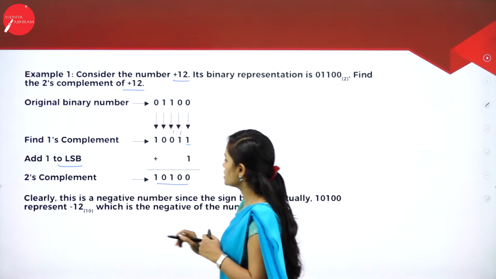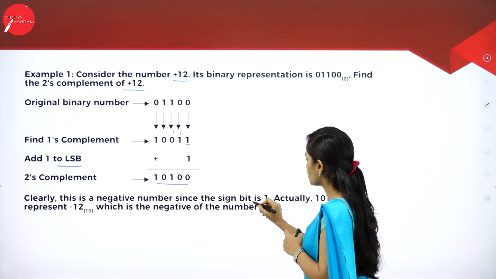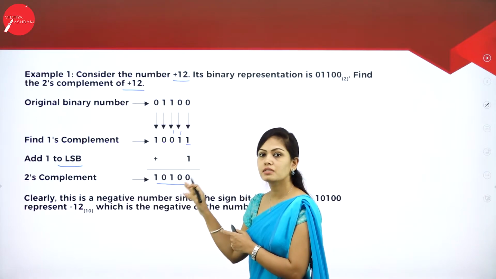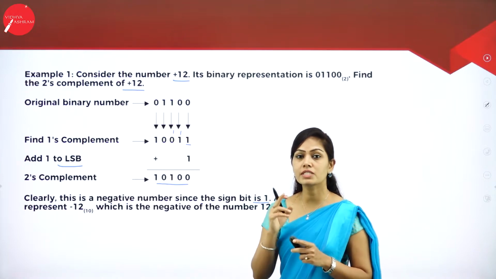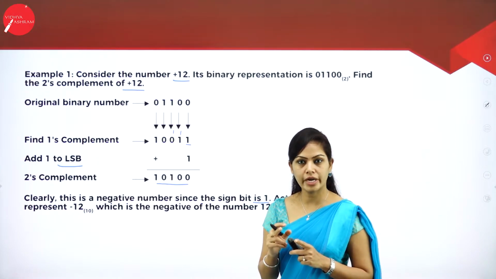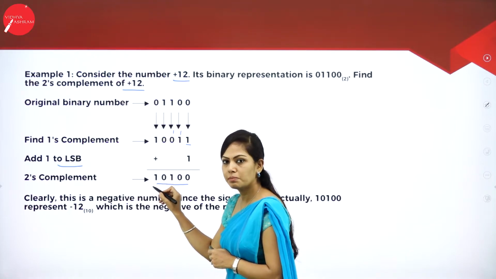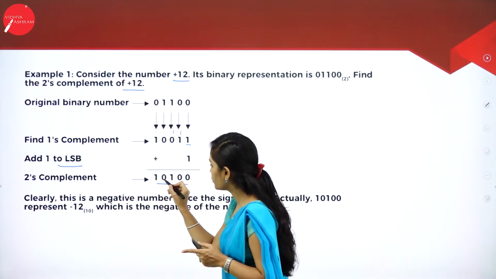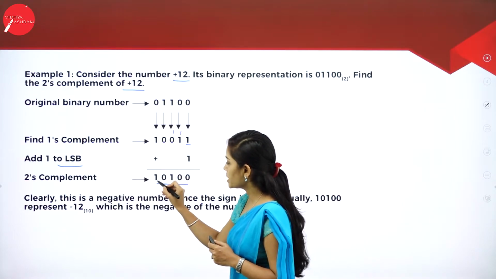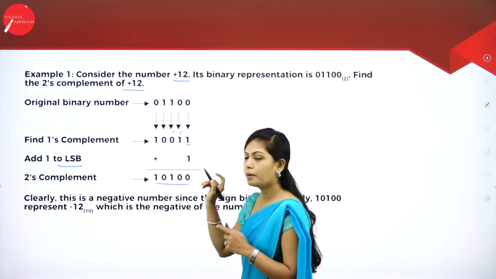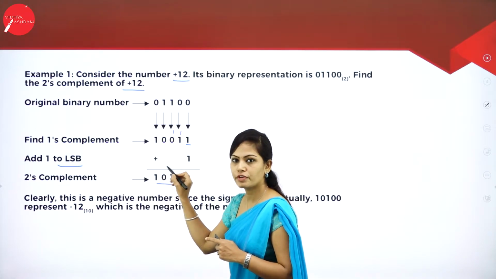You just observe this. This is a negative number since the sign bit is 1. So why is it a negative number? In my previous session, I discussed the sign and magnitude method, right? In the sign and magnitude method, the first bit is called the sign bit and the remaining bits are called magnitude bits. The first bit is the most significant bit.